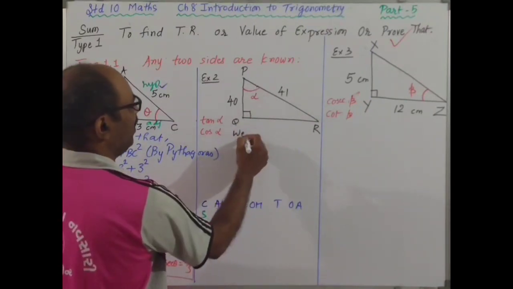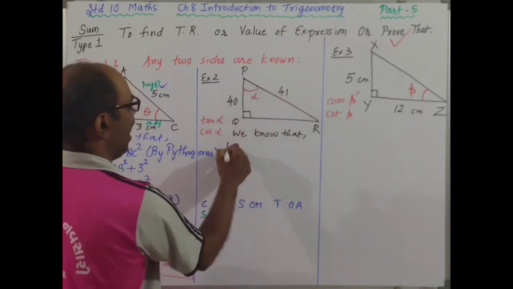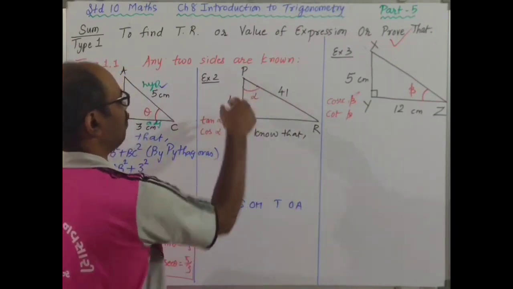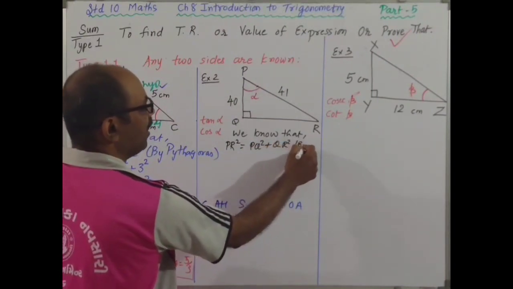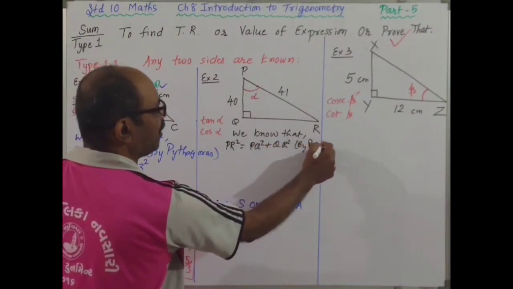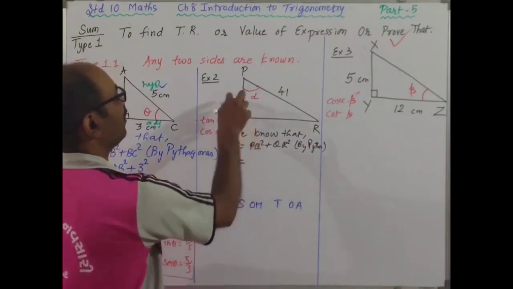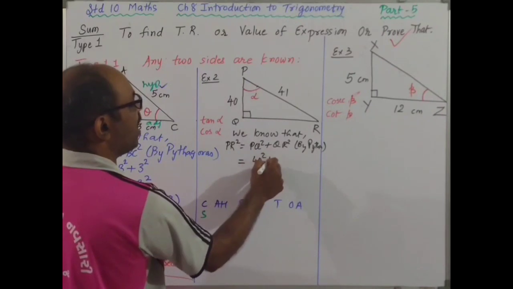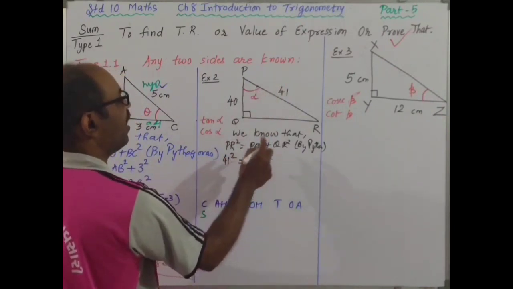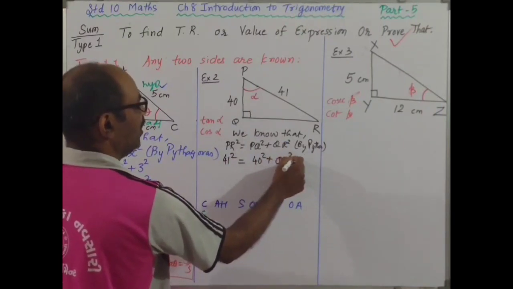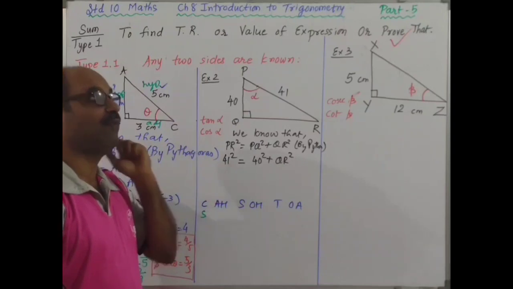Okay, we know that PR square is equal to PQ square plus QR square by Pythagoras. I'm writing in brief now. PR is 41, so 41 square, and QR square. Children, it would become a bit difficult here if you had to multiply 41 into 41.